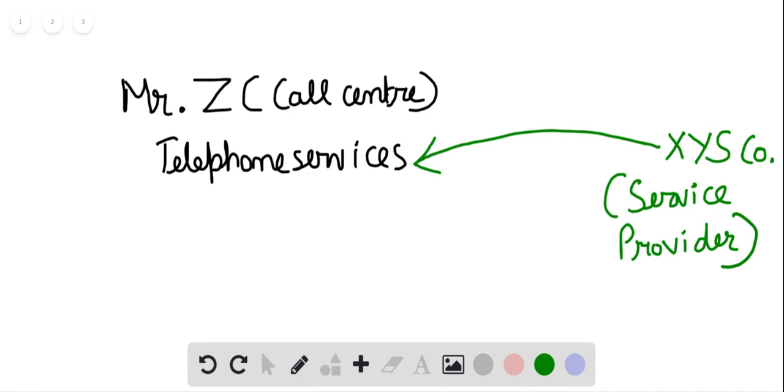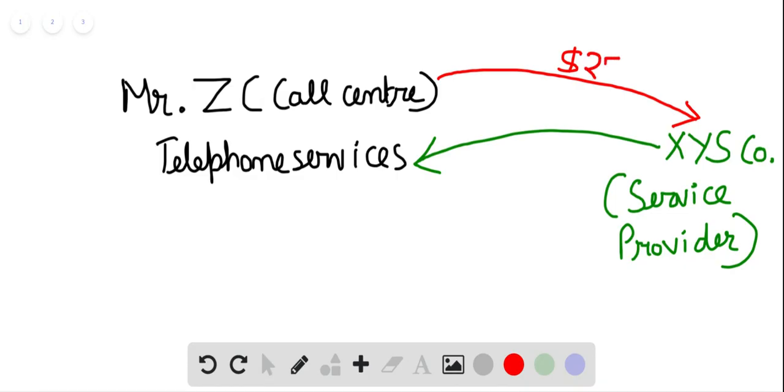So what happens? Mr. Z said that okay, we are likely to have short of funds in subsequent financial year. So we are paying you in advance, next financial year expenses also in current financial year.